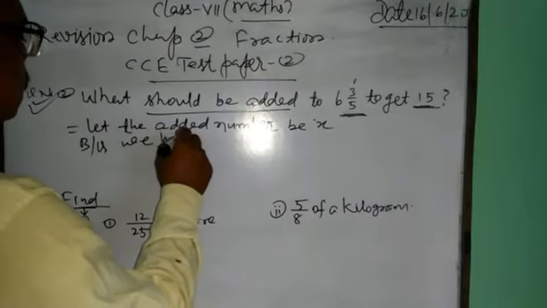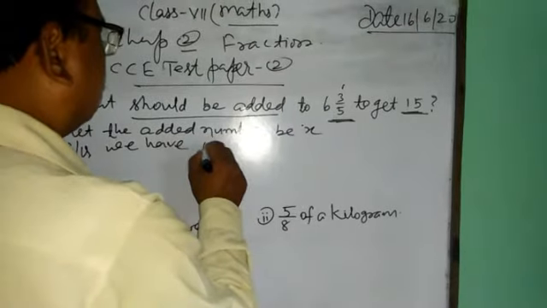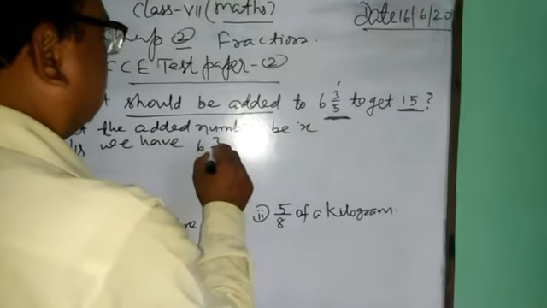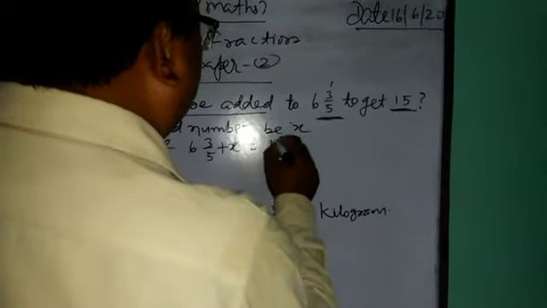By question, we have 6 whole 3/5 plus x is equal to 15.